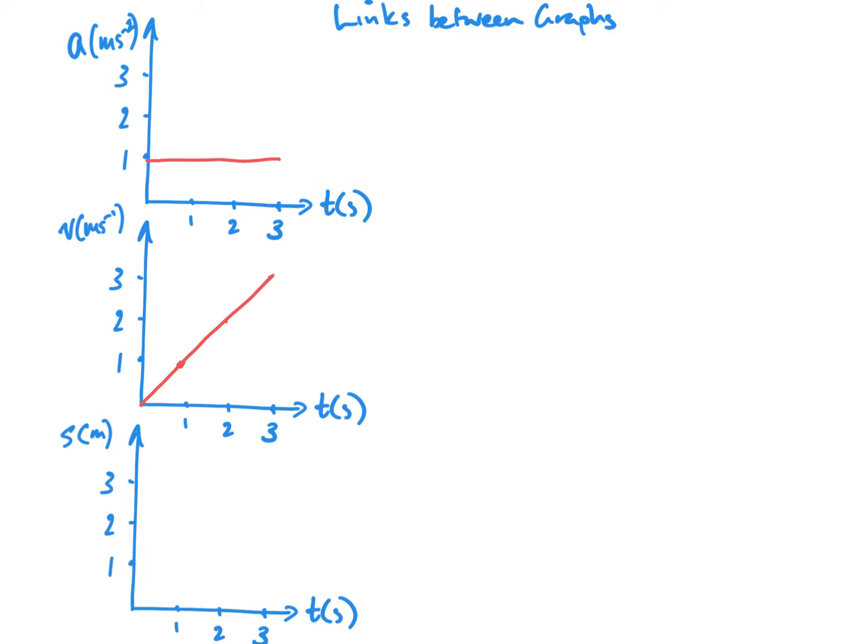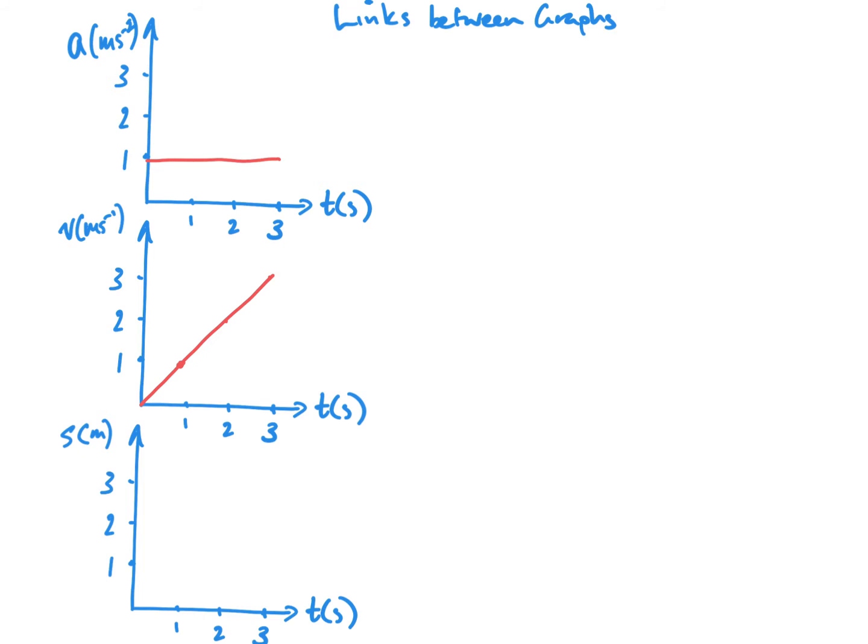If I look at the next second, it has a gradient of 1 still. And the next second, it has a gradient of 1. So the gradient of this velocity time graph gives you the acceleration. That's the link between the two graphs.